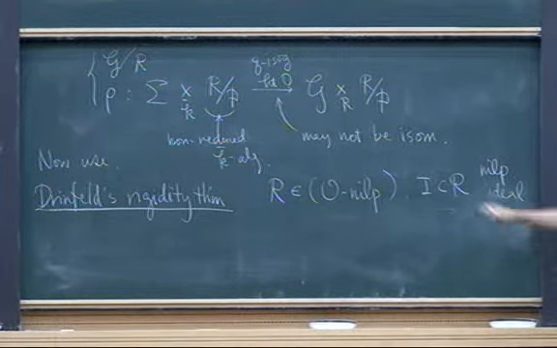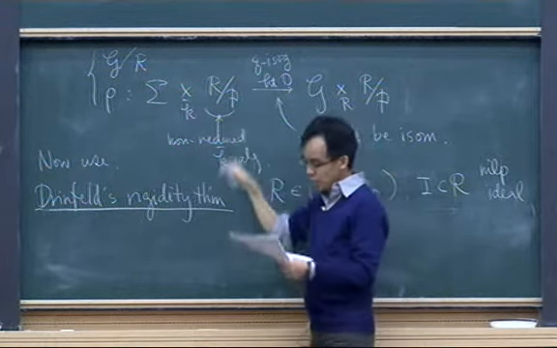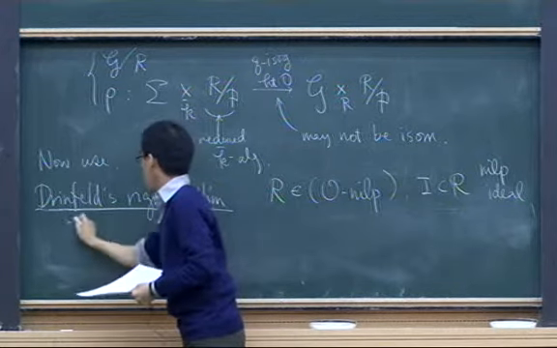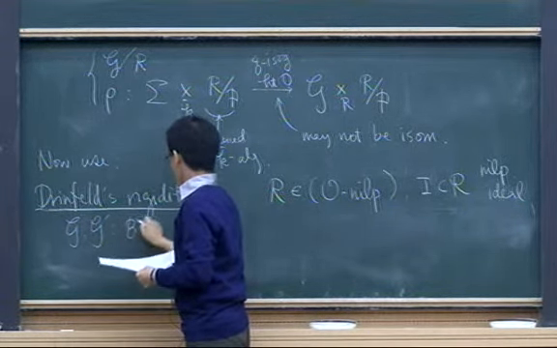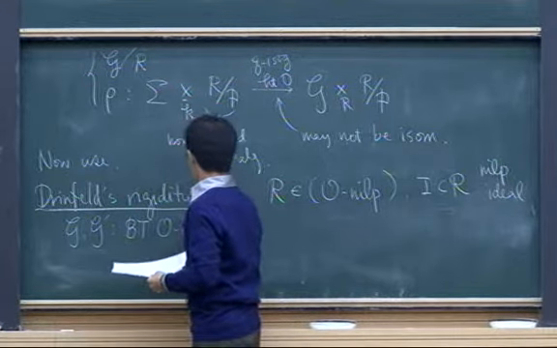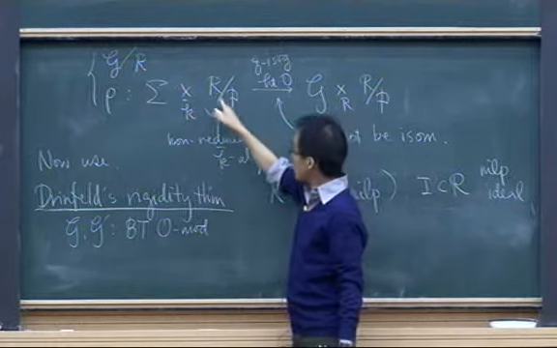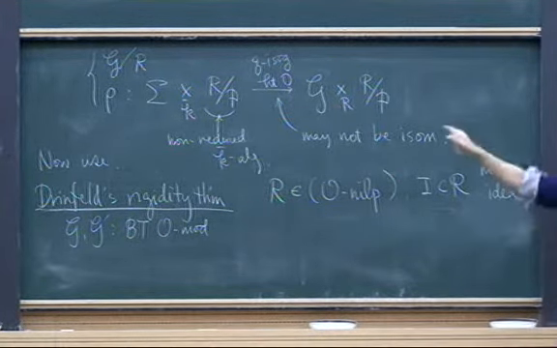So for example, in this case, R is an Artinian local ring, and the maximal ideal m is nilpotent, because R is Artinian.